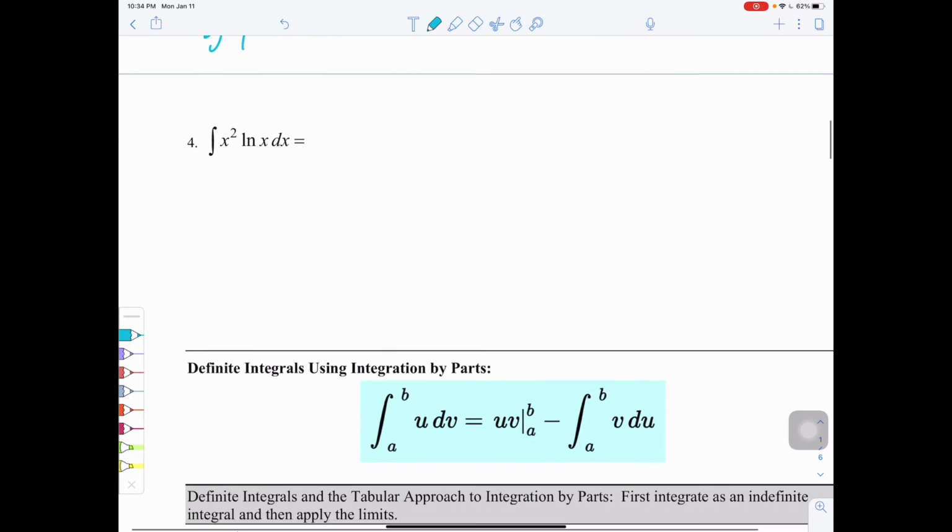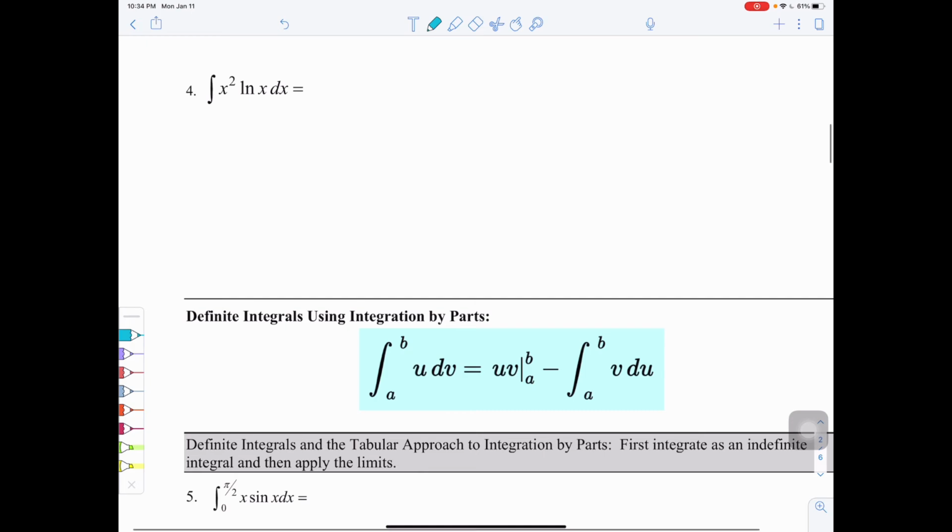Okay, let's keep going. So we have x squared ln of x. Let's write our acronym, LIPET, L-I-P-E-T, and right off the bat, we have a logarithmic function. So that was easy. We're going to let u equal the natural log of x, and dv is everything else, which is x squared dx.